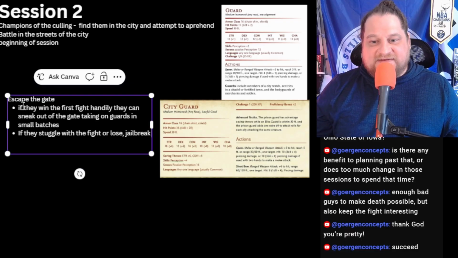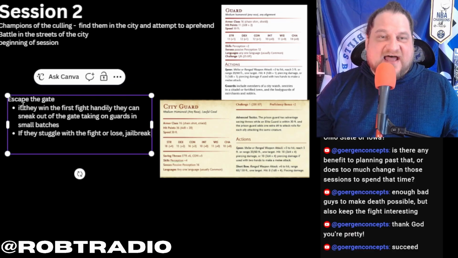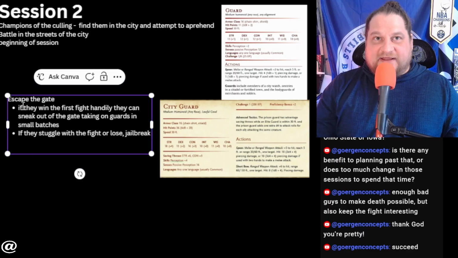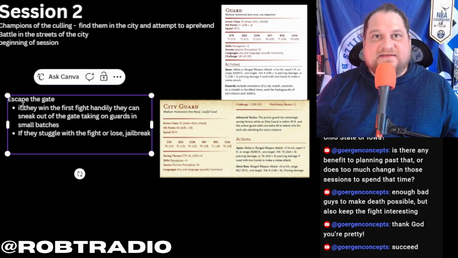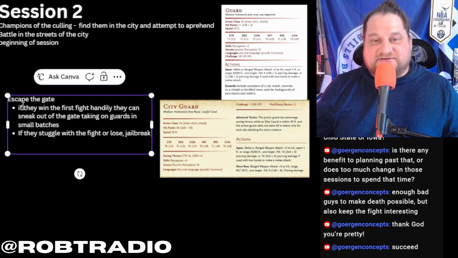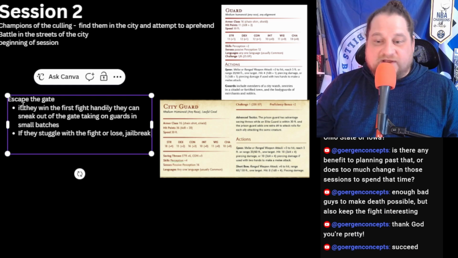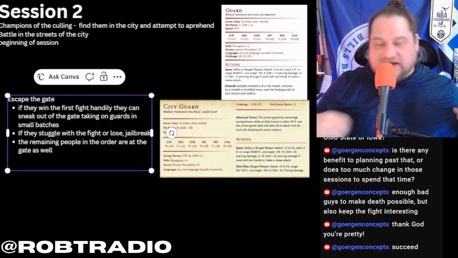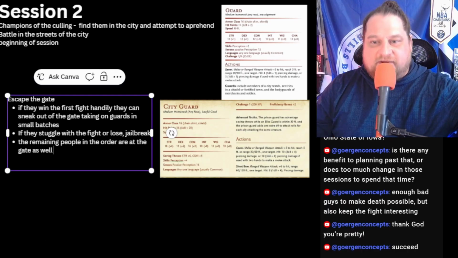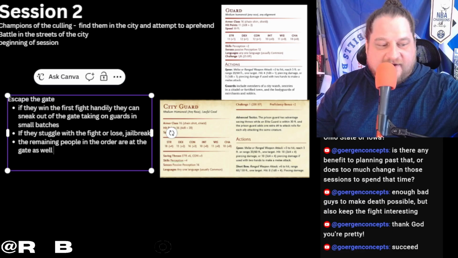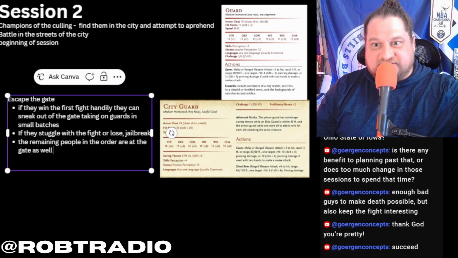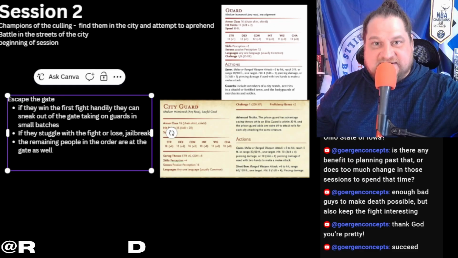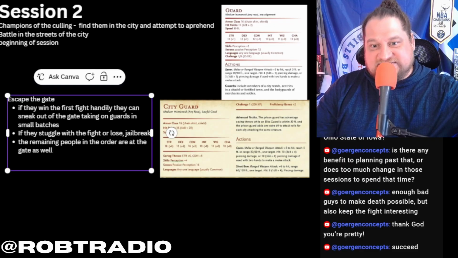If that happened, and this is not something that you tell your players, of course, but if they make a break for the gate, they're obviously at a huge detriment to try to win that fight. So what could you do? Well, they were just flushed out of their order hall. Maybe other members of the order are on the street and you can provide them some help in terms of NPCs, like, we're going to try to all get out of this gate together.